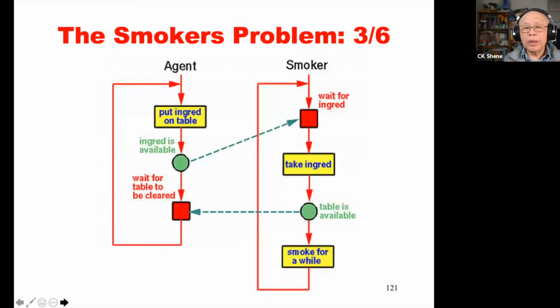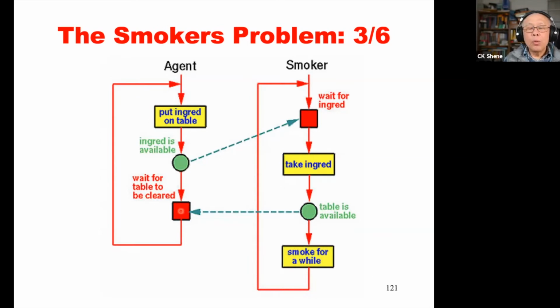So here's a diagram for a possible solution. The agent puts 2 ingredients on the table and notifies the smoker who needs these 2 ingredients. This is the notification.